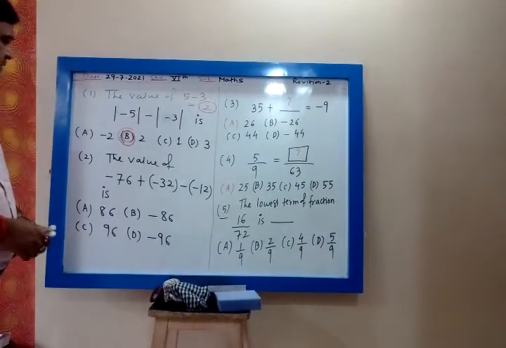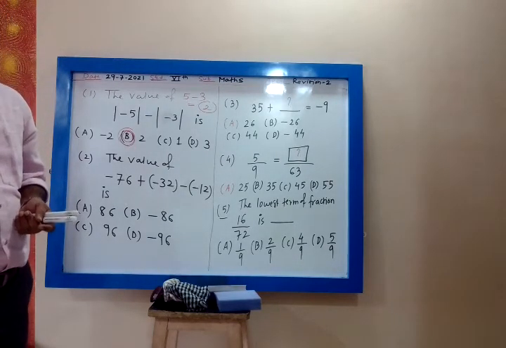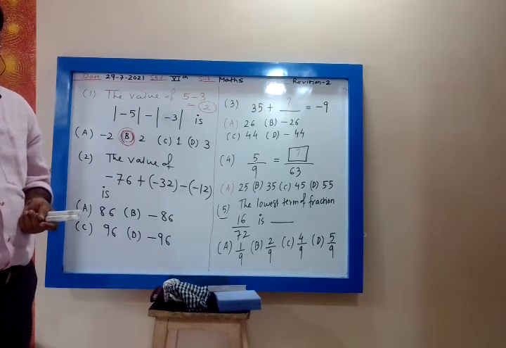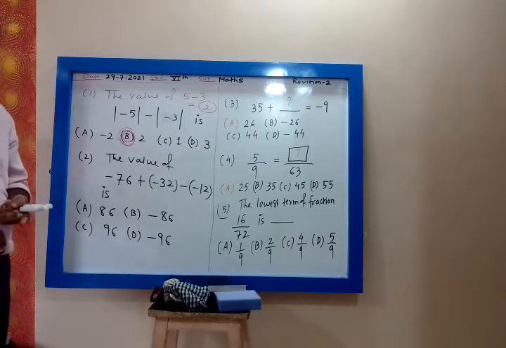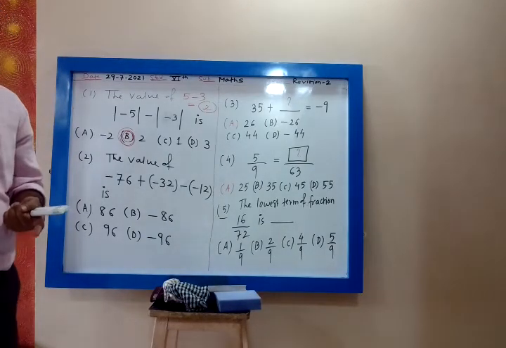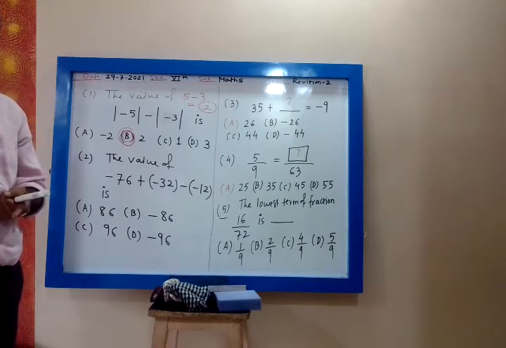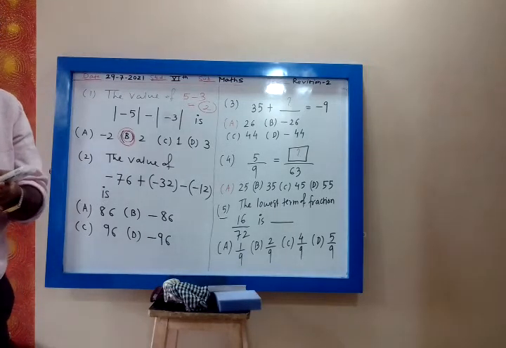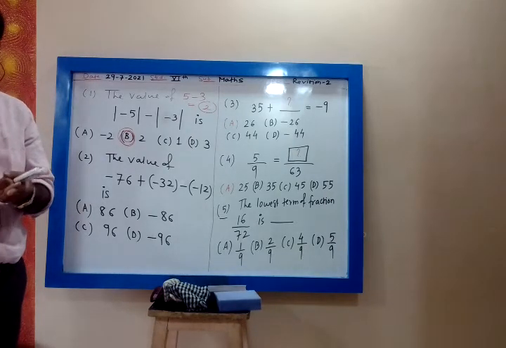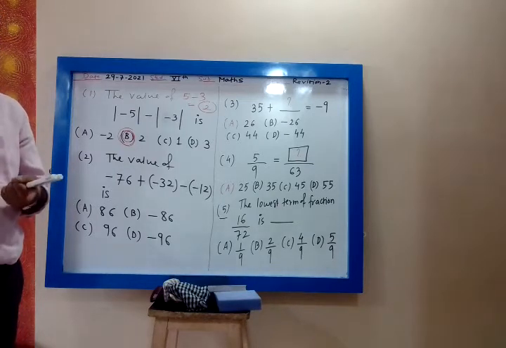Second one is, what is your name? Varun Patel, division A. Okay, Varun Patel has got -96. Let us see others. Pavitra -96. Sia got -96. Dia -96.